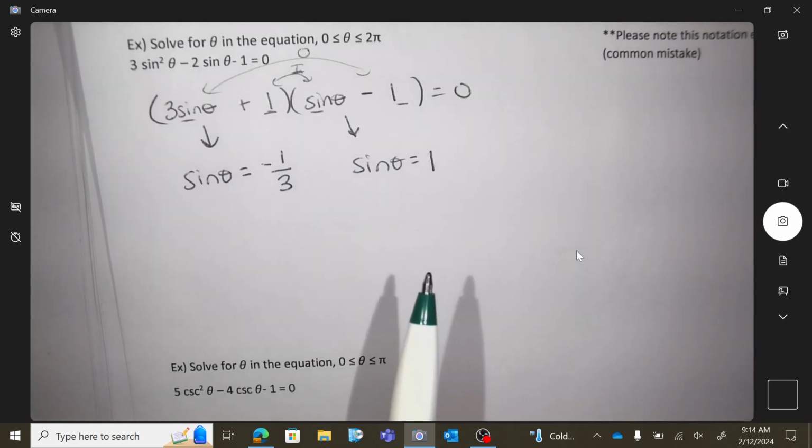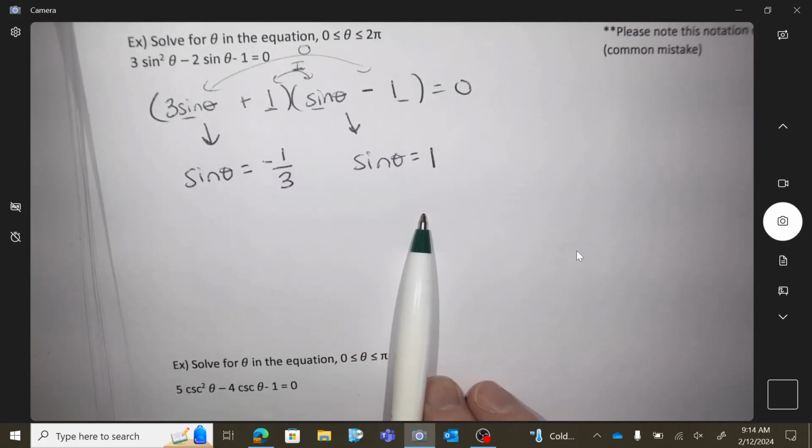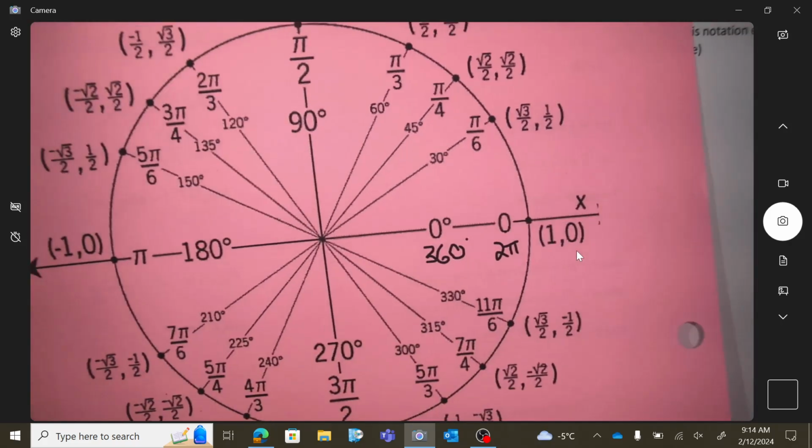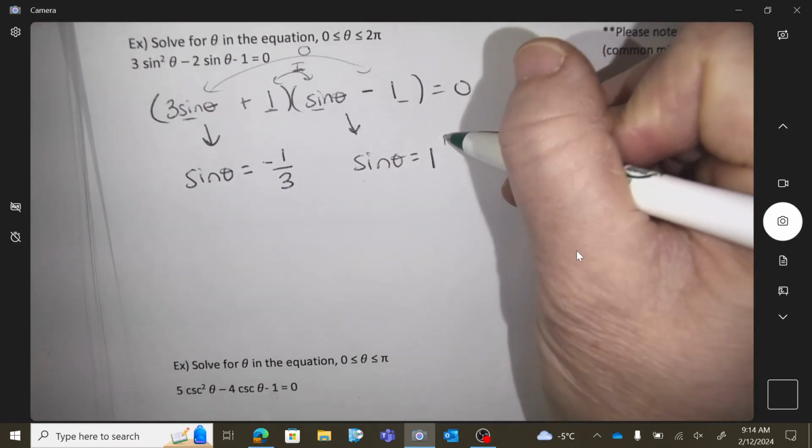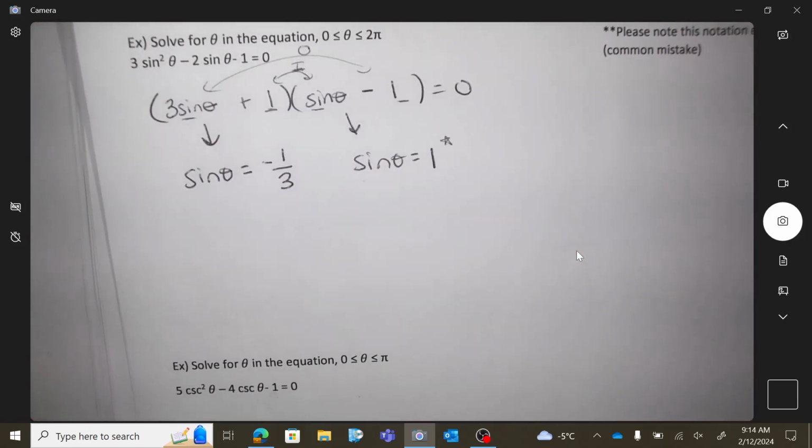Okay, we're going to do this one first. You know why? I'm not going to touch my calculator. I can solve this somehow not using my calculator. If I didn't use my calculator, what do you think I have to use? My unit circle. Okay, so why did I decide to do that? Because I recognized 1 on the unit circle.